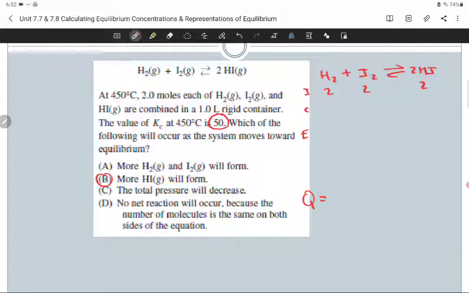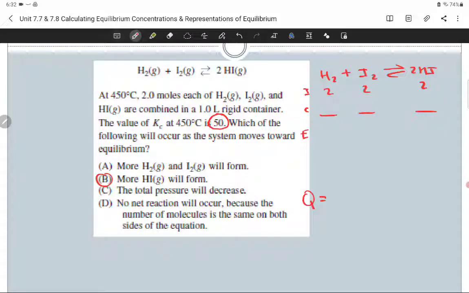Calculating Q will be a tool for us to determine: are we going to have a subtraction on the reactant side and an addition on the product side, or is it actually proceeding from right to left? And unfortunately, it can happen in both circumstances.